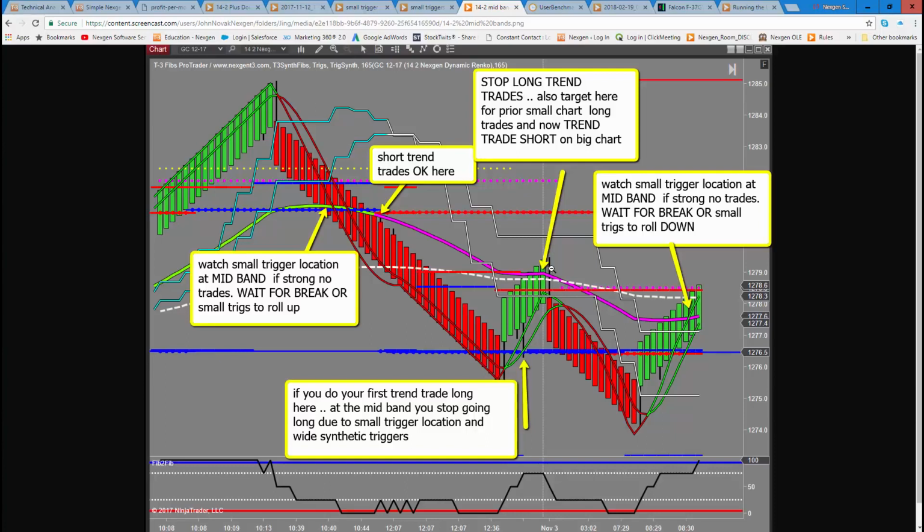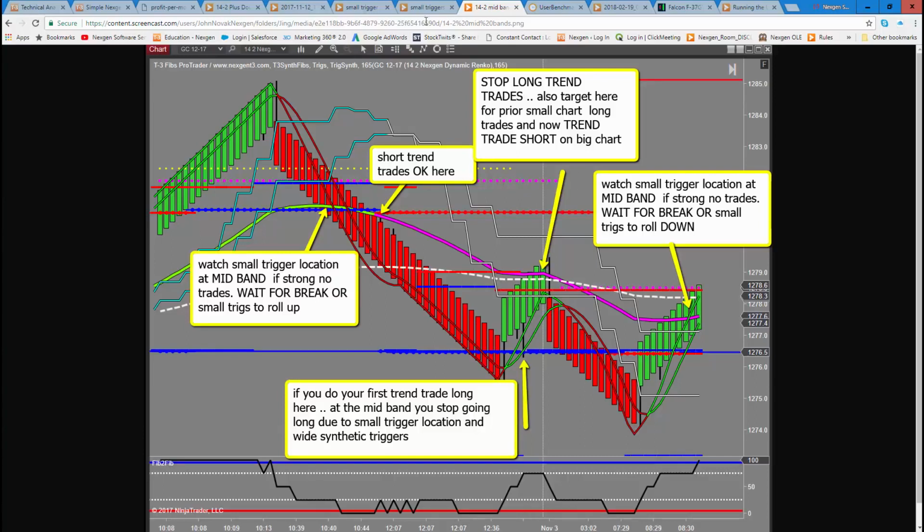And again, you'll see when I put the background colors on here that this is going to be a lot easier for you. But once you reach this spot, if you continue to try to do long trades just because the triggers are crossed up, the small triggers, you're going to fail or have a really good chance of failing.